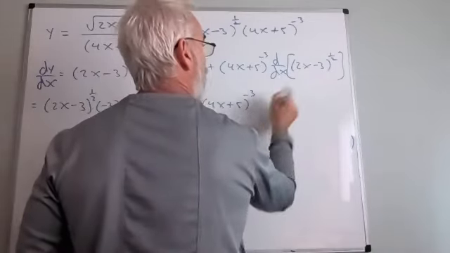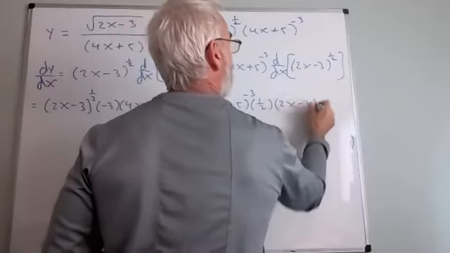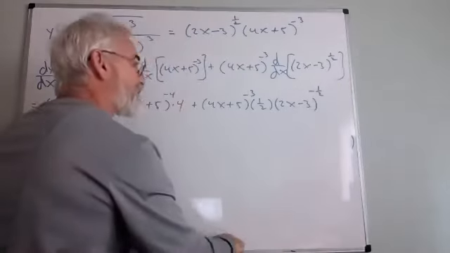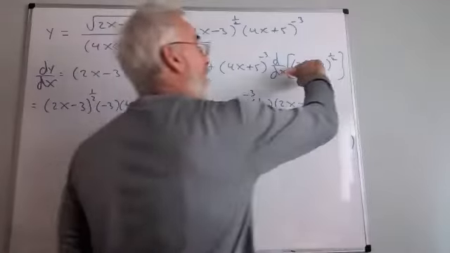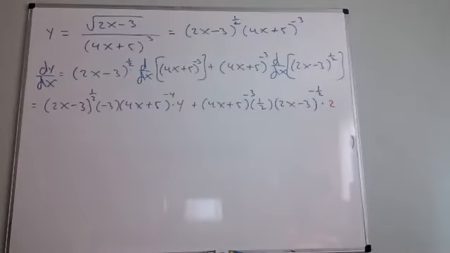And then the derivative of this would be 1/2 (2x minus 3) to the 1/2 minus 1, or -1/2. And then the chain rule factor would be the derivative of 2x minus 3, which is times 2. Okay. If I walk away right now, my calculus has been flawless.